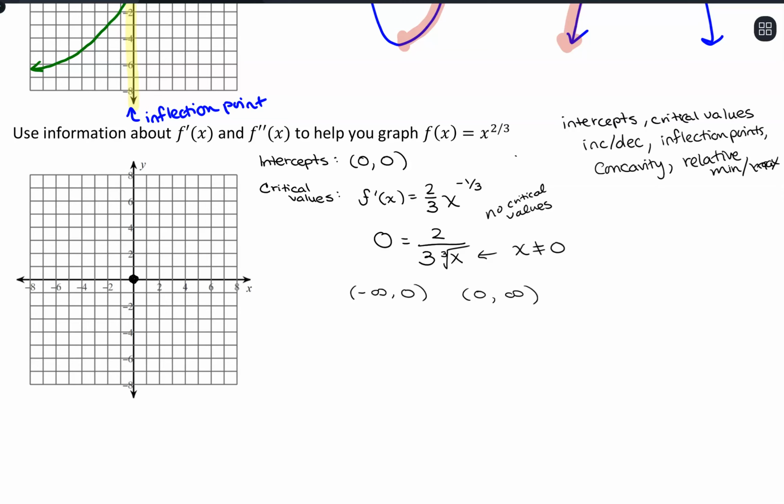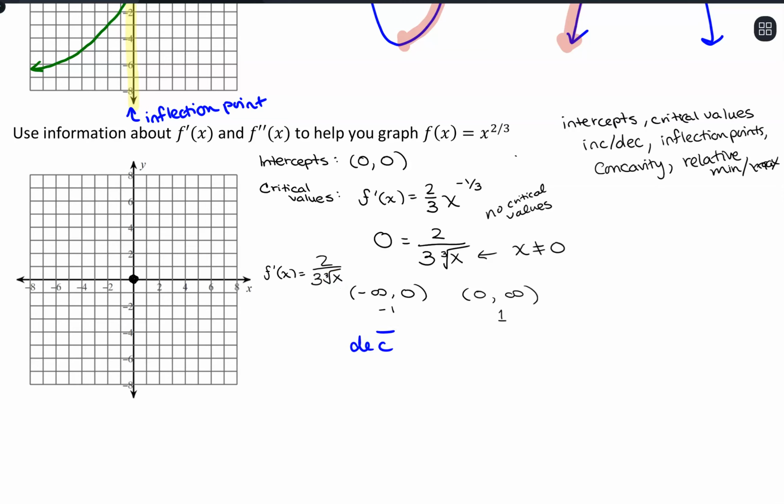So if we do our first derivative test with this, let's do -1 and +1 using our first derivative function of 2 over 3 cube root of x. If we plug in -1, the cube root is -1, so that'll be -2/3.